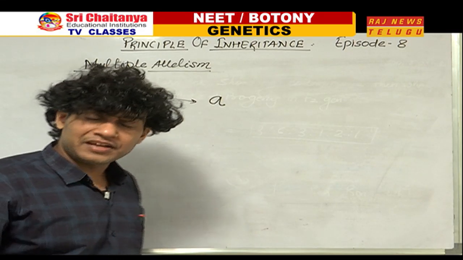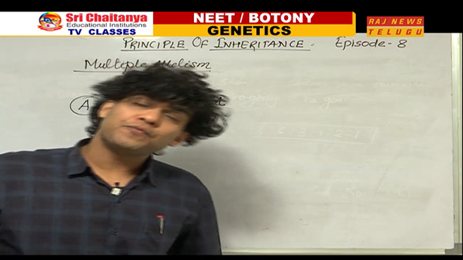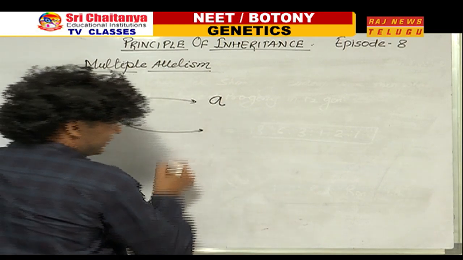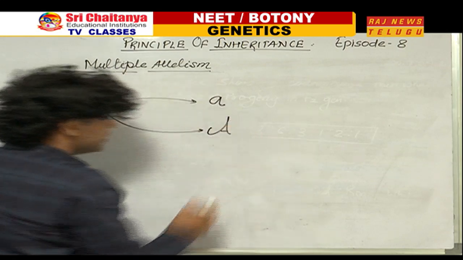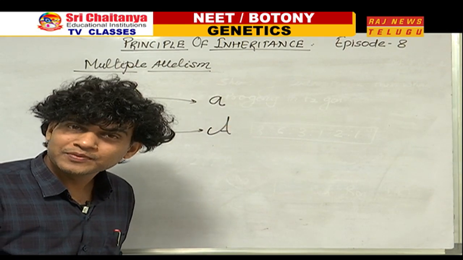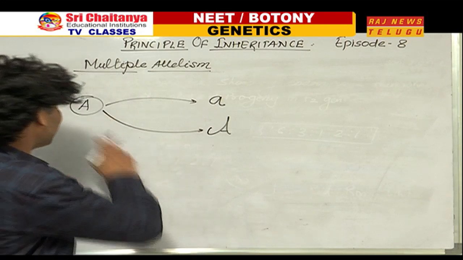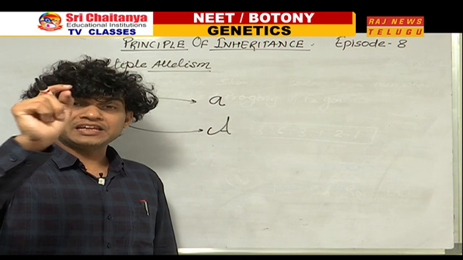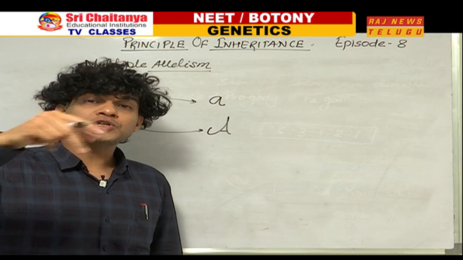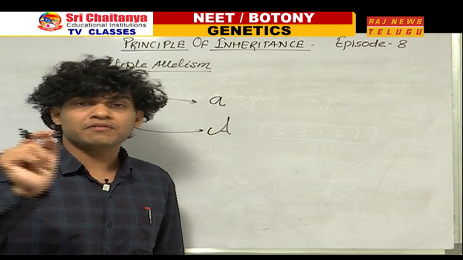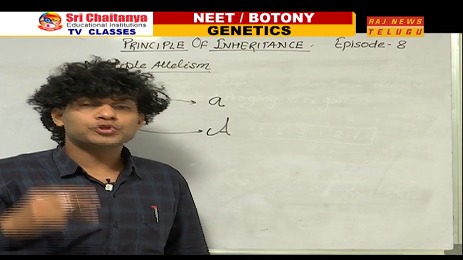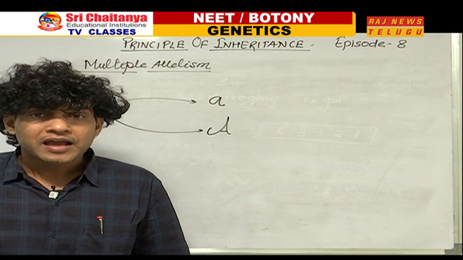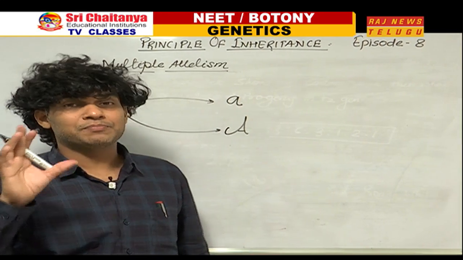But is it a guarantee that when the wild gene goes through mutation, it will follow only one type of mutation? It can also mutate with a different kind of mutation. And if it mutates with a different kind of mutation, then it can give rise to a different variant also. Now in this condition, within the population, there are three variants of this gene existing. That's multiple allelism. Whenever any gene exists in more than two allelic variants, that condition is known as multiple allelism, and such variants are known as multiple alleles.